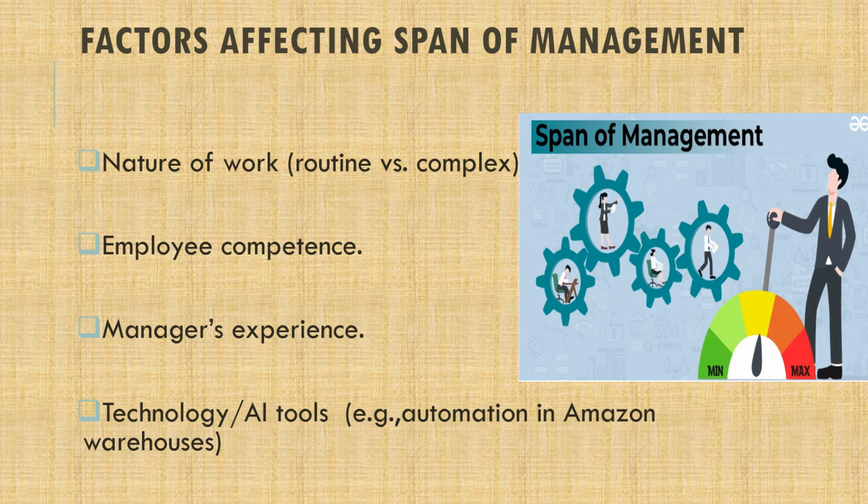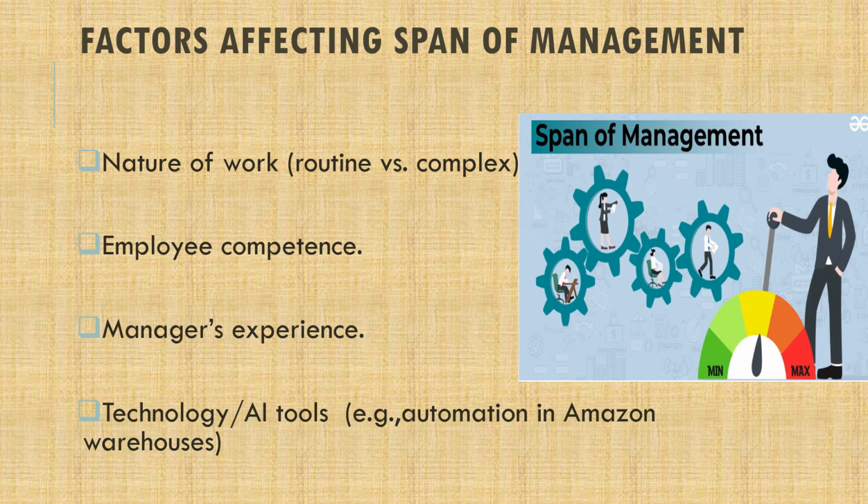Then employee competence or subordinate capacity is also one of the factors to decide the span of management. If the subordinates are highly skilled and motivated, the wide span of management is effective. If the subordinates are unskilled and not motivated, and they are to be motivated, then obviously there is a need of narrow span of management.